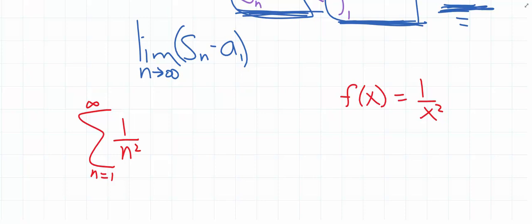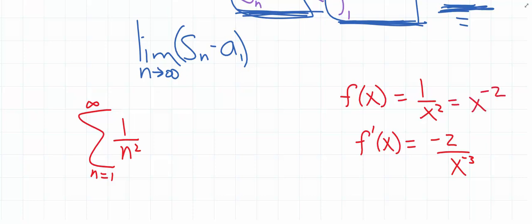One of the things you can do to determine if it's always decreasing, remember, is you can take the derivative. Well, this is x to the -2, right? Oh, yeah, +3 down there.